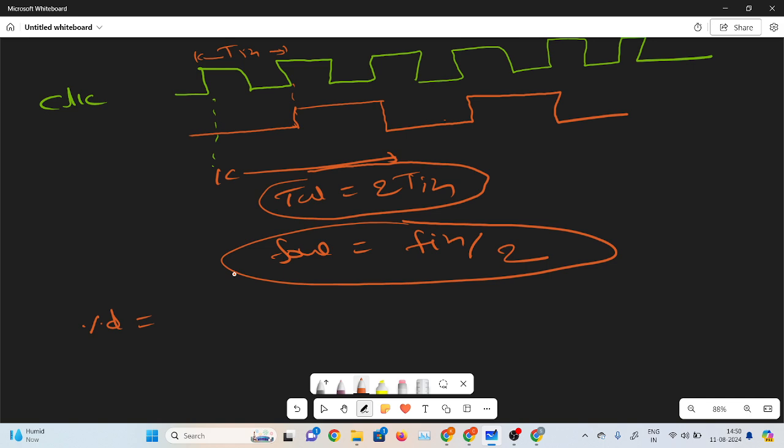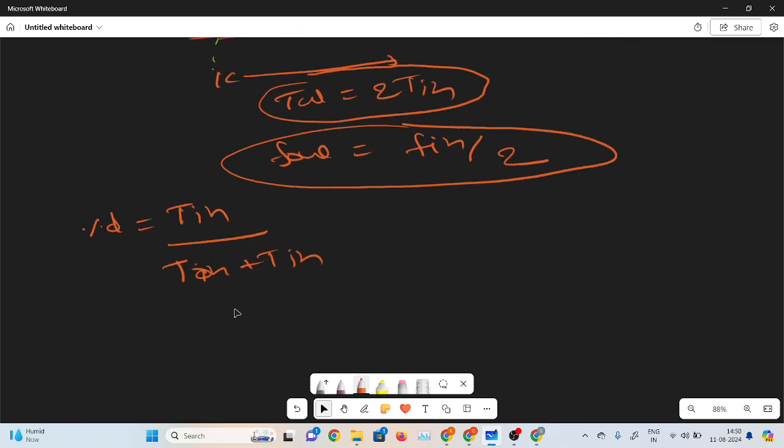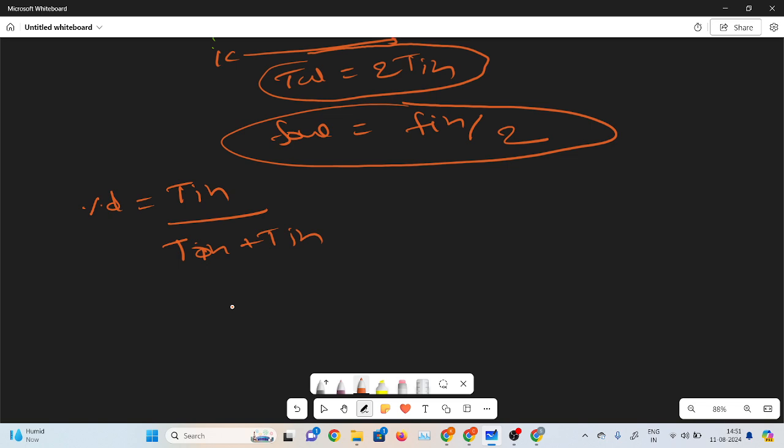This is the on time and this is the off time. The off time and on time are the same, because this is logic 0 for one complete T in, and this is logic 1 for one complete T in. So T on and T off are both the same.